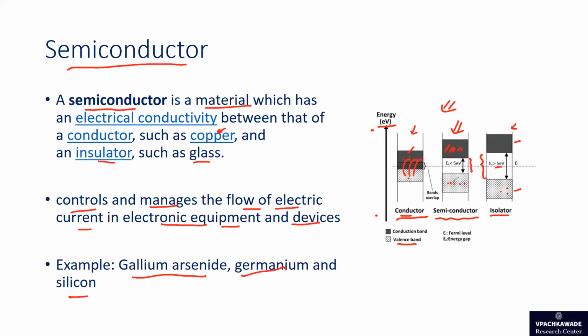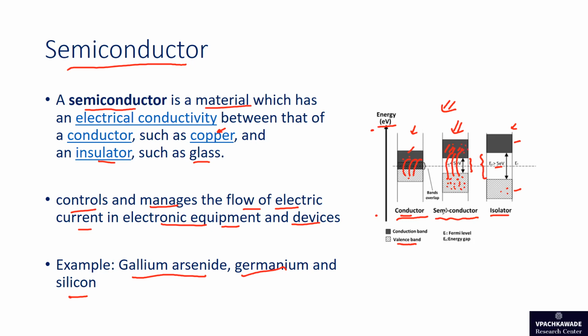The charge carriers present in the valence band, such as electrons, for example, need relatively less energy to overcome this gap in order to jump to the conduction region and carry the electricity.